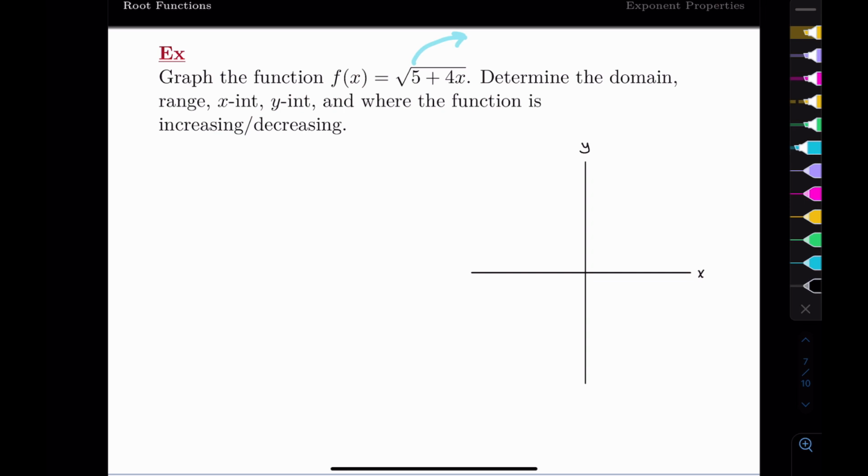We don't see any minus signs, so it's not reflecting in any way, shape, or form. And I have nothing on the outside, so I'm not moving this up or down. So ultimately, there are no reflections for this graph.